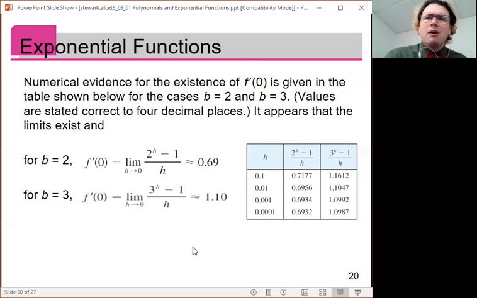So 2 is definitely too small, right? I get 0.69 as my limit. 3 is definitely too big. I get 1.10 as my limit. Maybe something in between would work better.